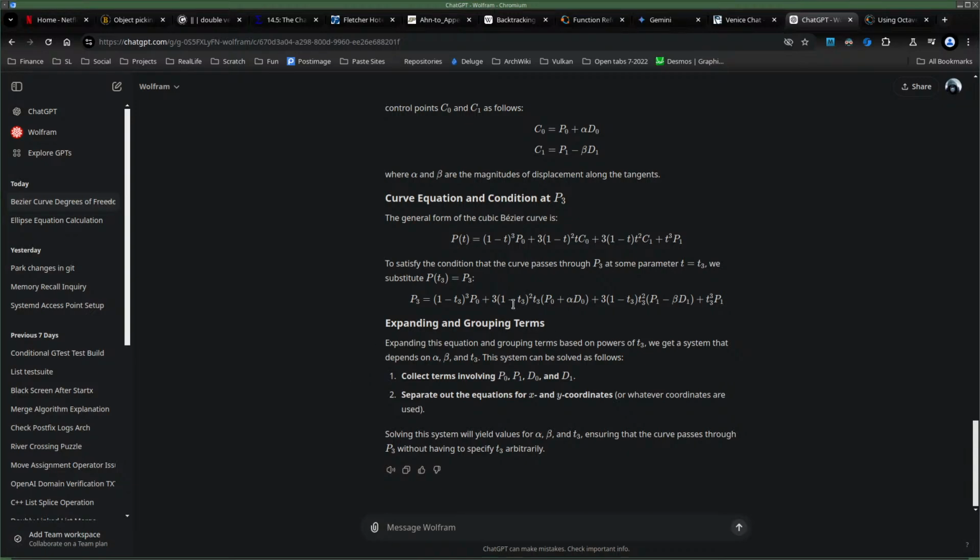Maybe you can pick T3. These are vectors, so theoretically alpha and beta should be solvable. Form a single equation, and then you can pick T3 freely.